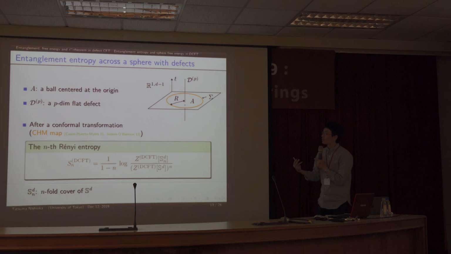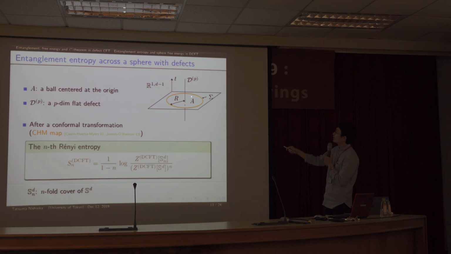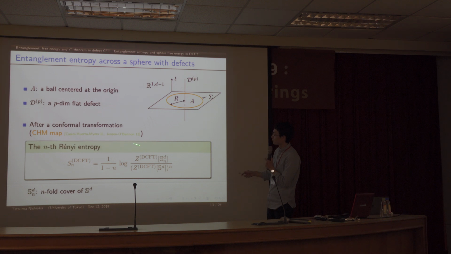And you can still use the same conformal map as before, even in the presence of the defect. Since you put the defect at the symmetric point, it's actually easy to generalize the previous argument.